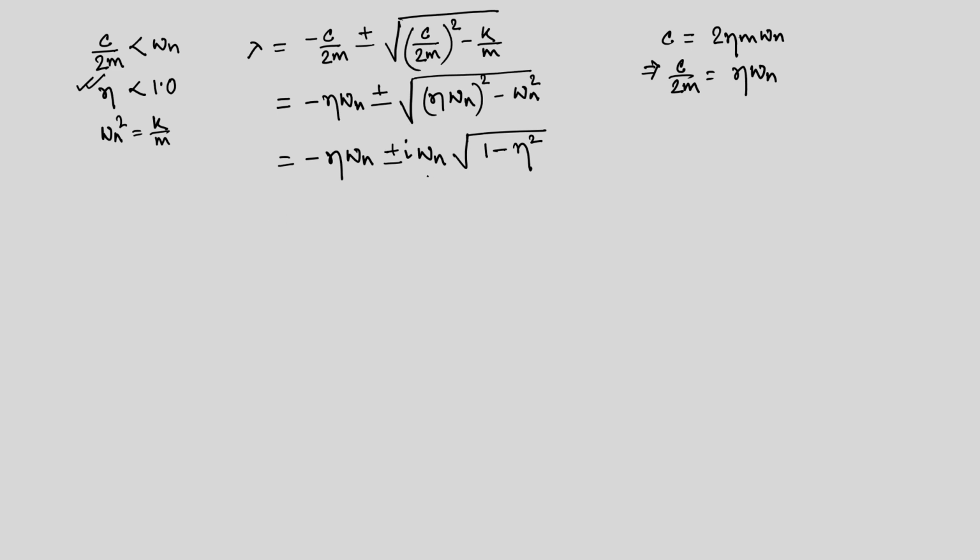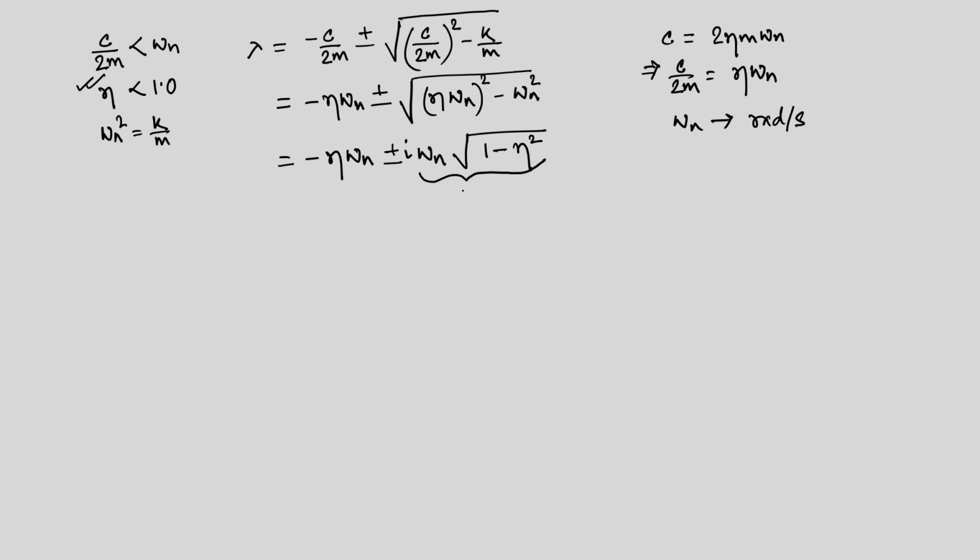Now, this quantity omega n times square root of 1 minus eta square, if you look at the expression, eta is a dimensionless quantity, because it is the ratio of two dampings, out of them one is critical. Then this quantity also has the same unit as the natural frequency omega n, which is expressed in radian per second.